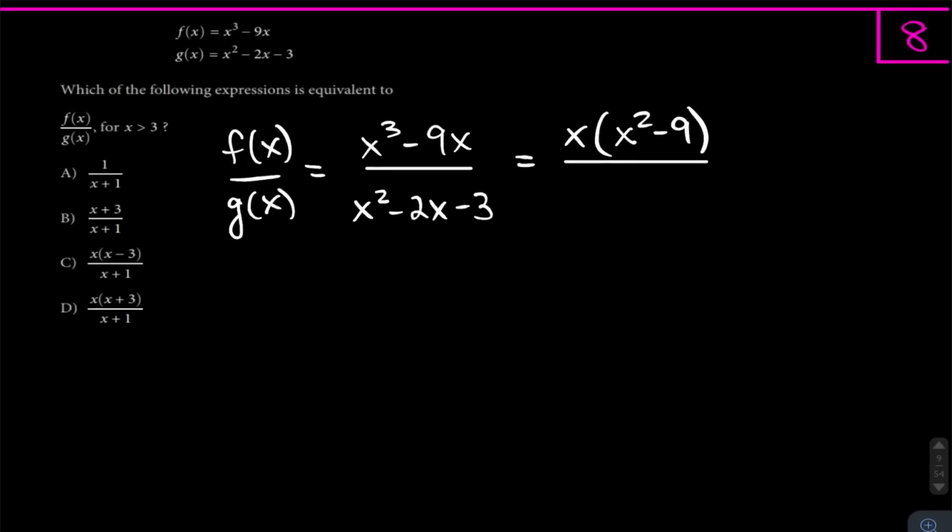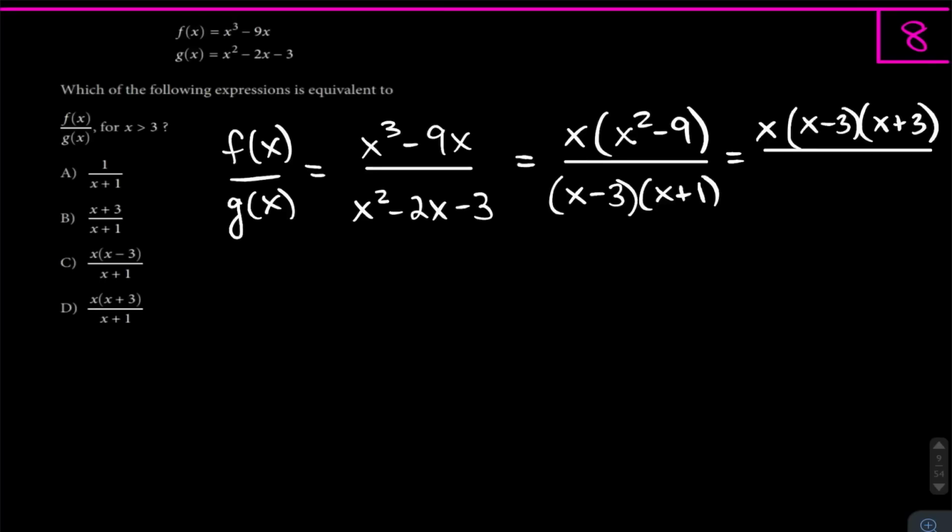We're going to put this over while we factor this guy. The factors of this look like x minus 3, x plus 1, right? Negative 3 and 1 add to be negative 2 and multiply to be negative 3. So we're going to break this up now. We have an x, and then we'll do the difference of perfect squares, so x minus 3, x plus 3.